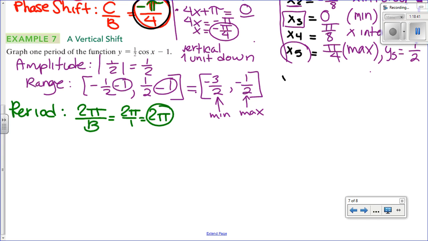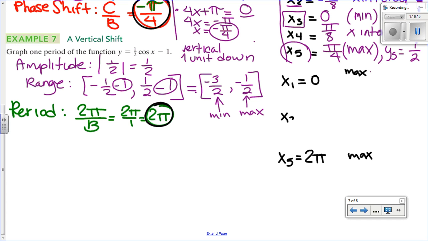So we could say that our x1 is going to represent our maximum value. Now here we don't have a phase shift or horizontal shifting, so I'm going to say that my x1 will be 0. Now my x5, my last one, is going to be 2 pi. Why is it 2 pi? Because that's the period of the function. And moreover, this will also represent a maximum. That's where the maximum happens.